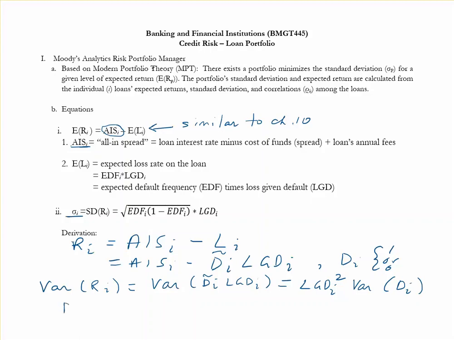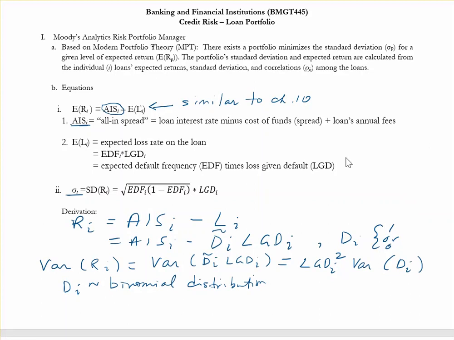Now, the default follows a binomial distribution. That is the number of defaults out of the total number of loans.